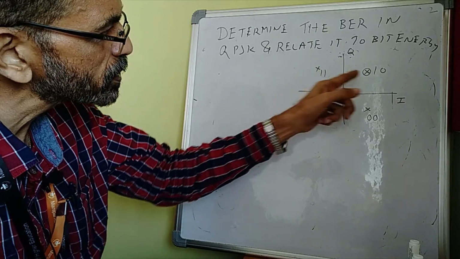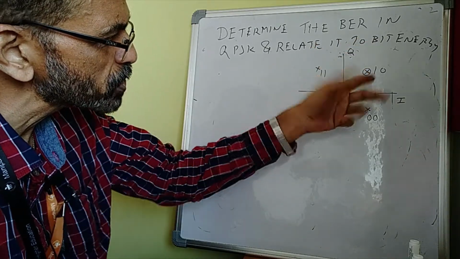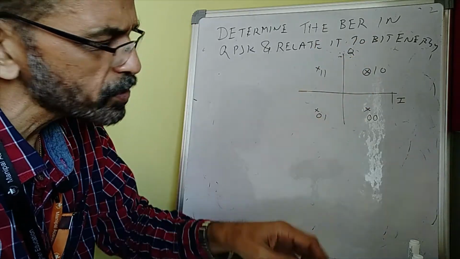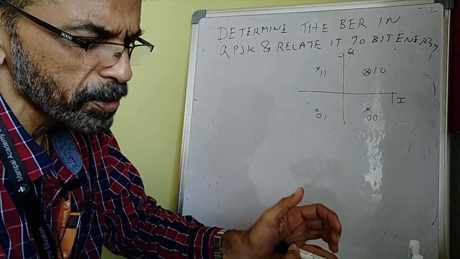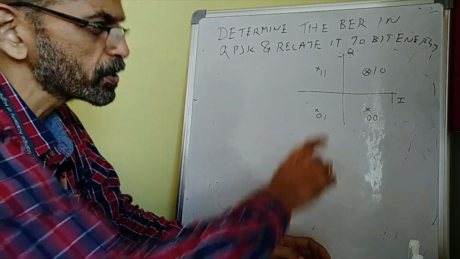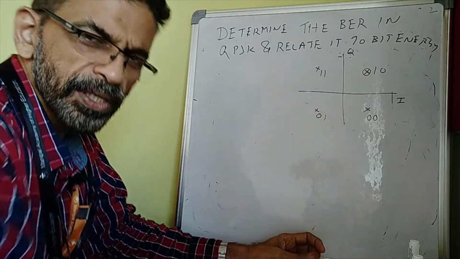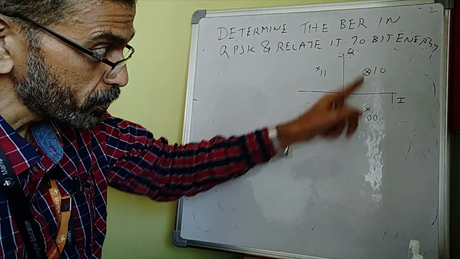So if you detect this as this, you lose only 1 bit, you get the first bit correctly, whereas these type of errors you will end up losing 2 bits invariably. You can't do much there, but fortunately these type of errors are less probable compared to these type of errors.